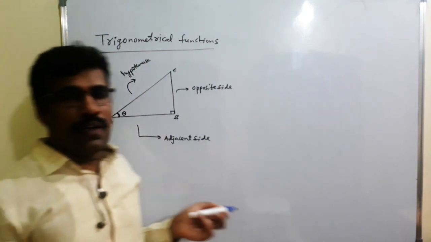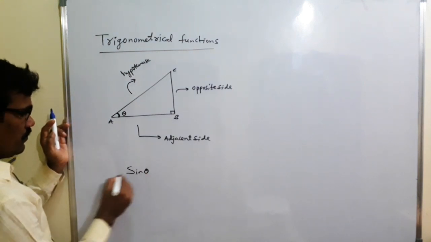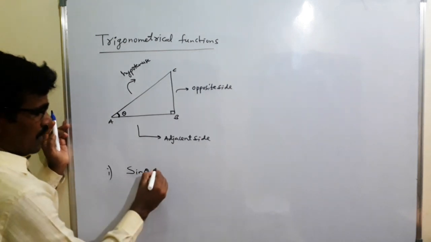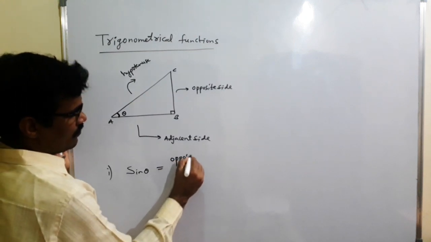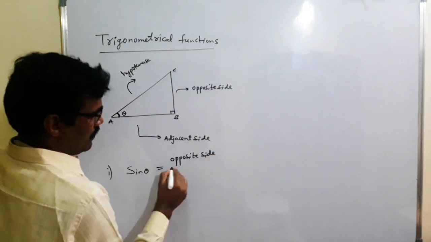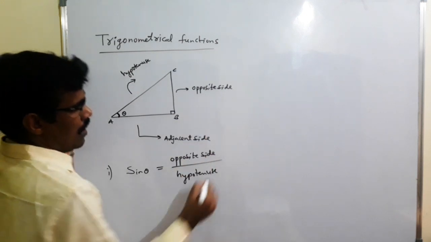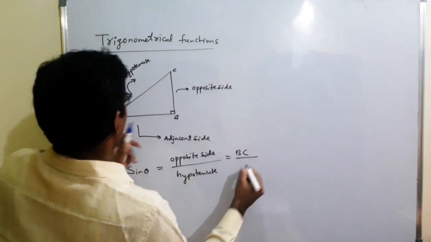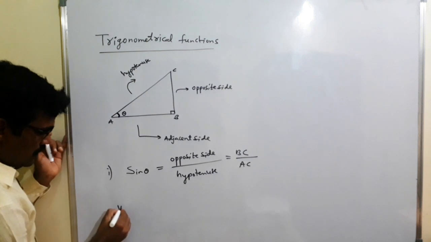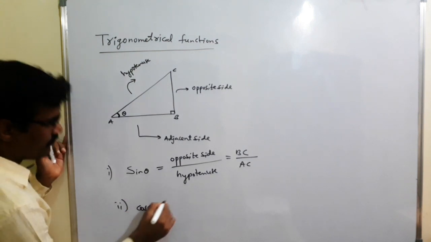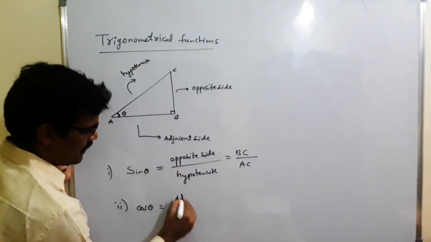What are the trigonometrical ratios? Sin theta first one. Sin theta is equal to opposite side divided by hypotenuse. Opposite side BC by hypotenuse AC. Second one cos theta. Cos theta base by hypotenuse. Base is nothing but adjacent side.